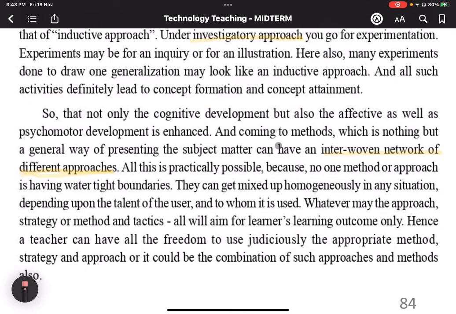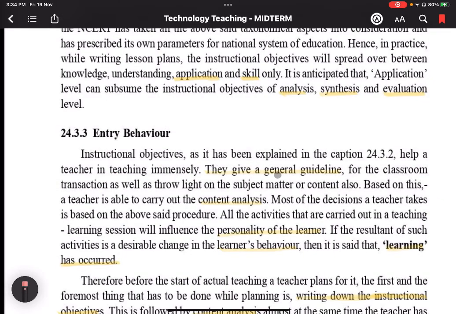Bakit natin minimix yung approach? Bakit natin binabago? Dahil ito yung reason: so that not only the cognitive development, not only the affective or the psychomotor development is enhanced. Para lahat ma-enhance, no? Yun yung sinasabi nating all-around development ng students. These give a general guideline for the class transaction as well as throw light on the subject matter.